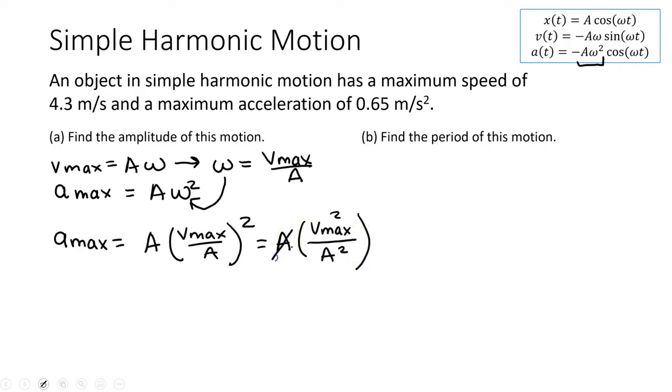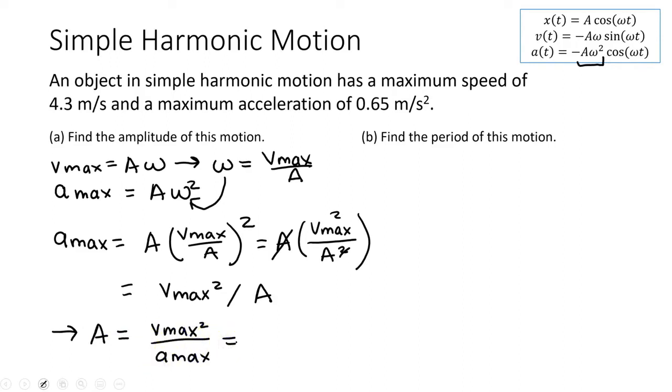One of my A's will cancel, and I'm left with v max squared divided by A. And then I can just solve for capital A. That's the thing I'm looking for, the amplitude of the oscillation. And so when I solve for capital A, I just get v max squared divided by a max. And now we're ready to plug in some numbers.